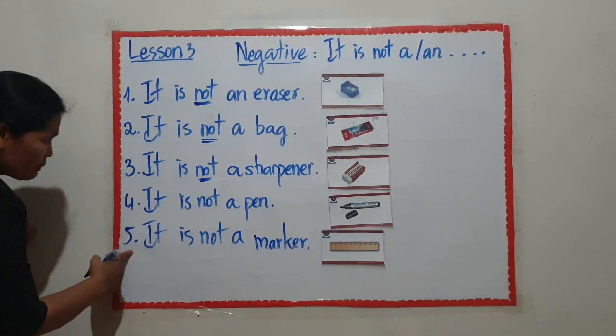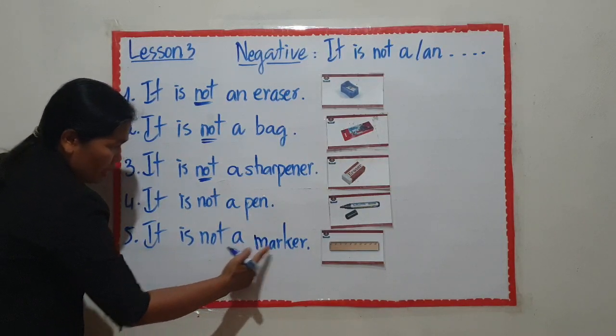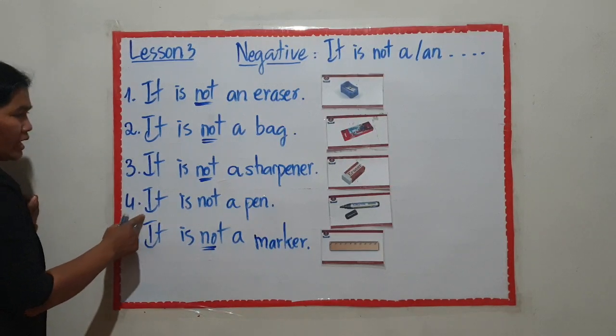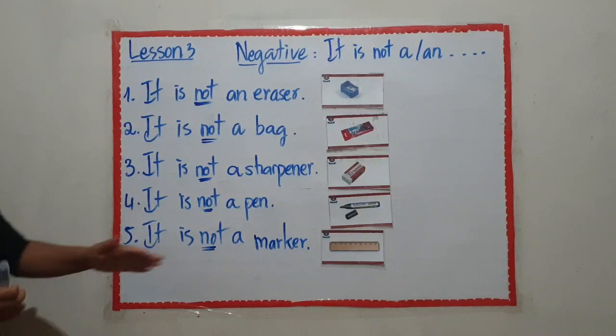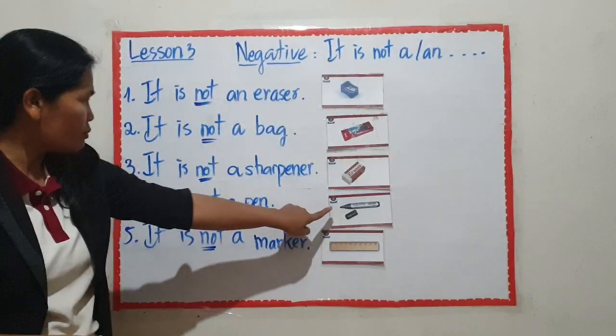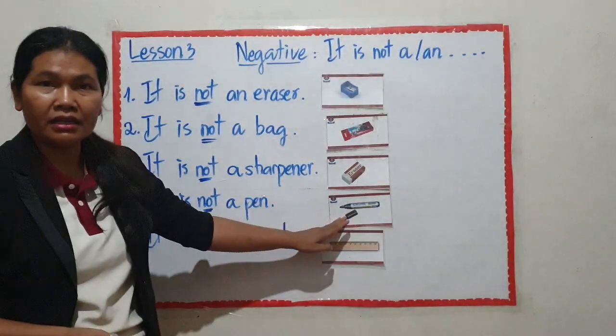Number five, the last one but not least. Look, it is not a marker. Okay, I'm sorry, teacher forgot number four. It is not a pen. So look, actually the picture is different. That's why teacher puts not here. Here, this is a marker, but teacher put that it is not a pen, it's a marker, right?